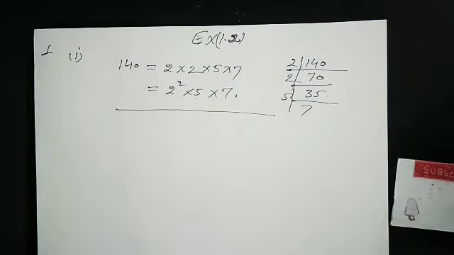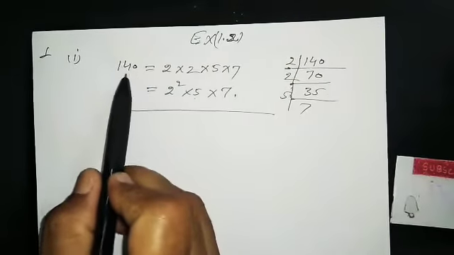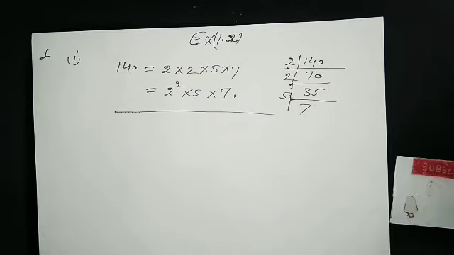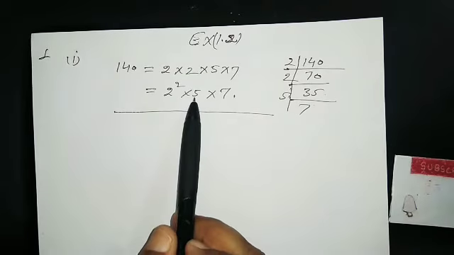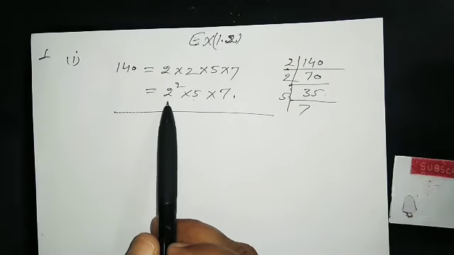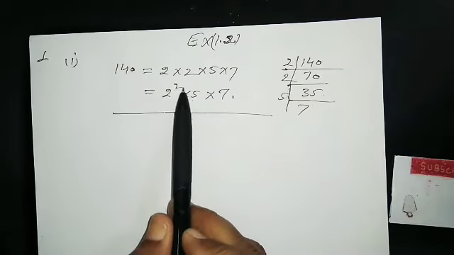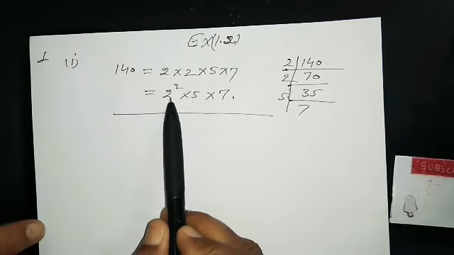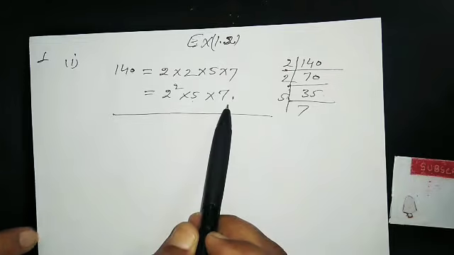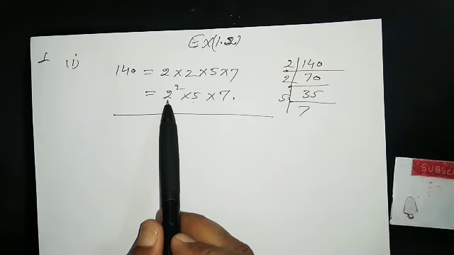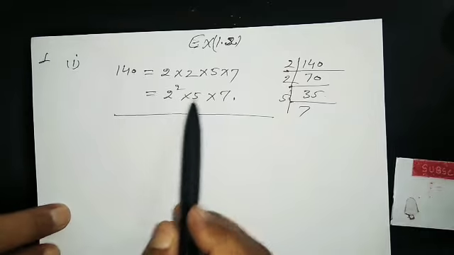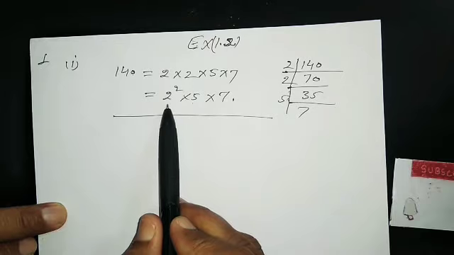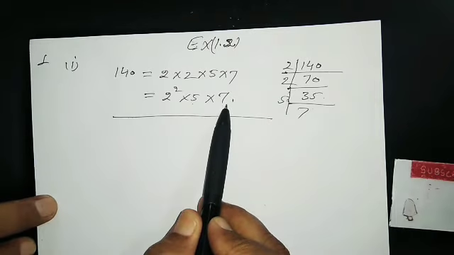So you can remember that when you are making prime factors of a composite number, you can write it in any order. You can start from 5, 7 or any number. But you should, I am using the word should, try to take it in ascending order, right? First smallest, then bigger, and so this is the standard form. You can say first 2, then 5, then 7. Okay.